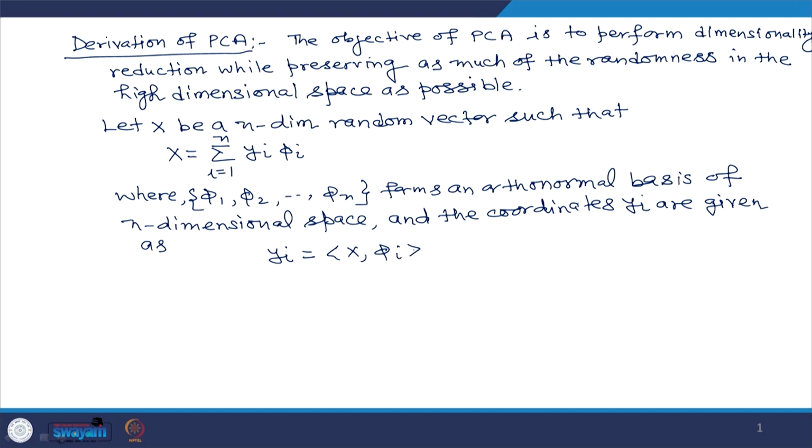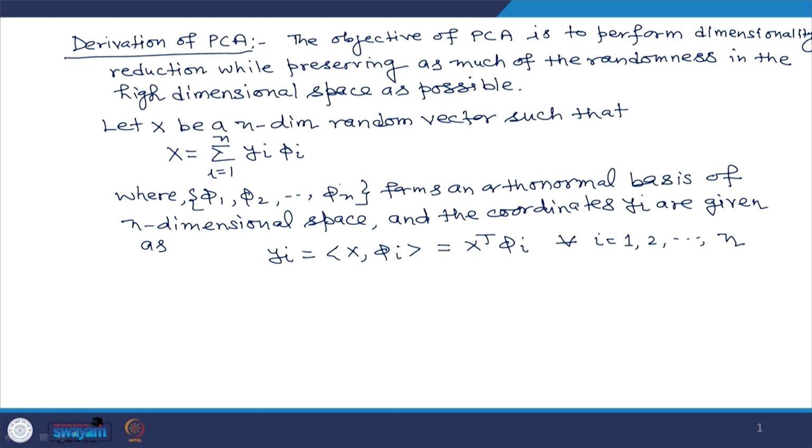We have seen it earlier. In case of R^n, it will become the dot product for all i equals 1 to n. So, this is the representation of a vector x in n dimensional space.